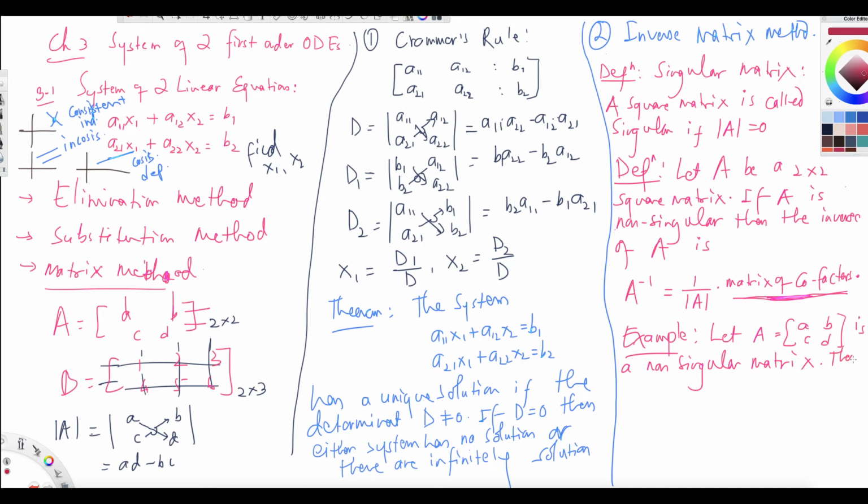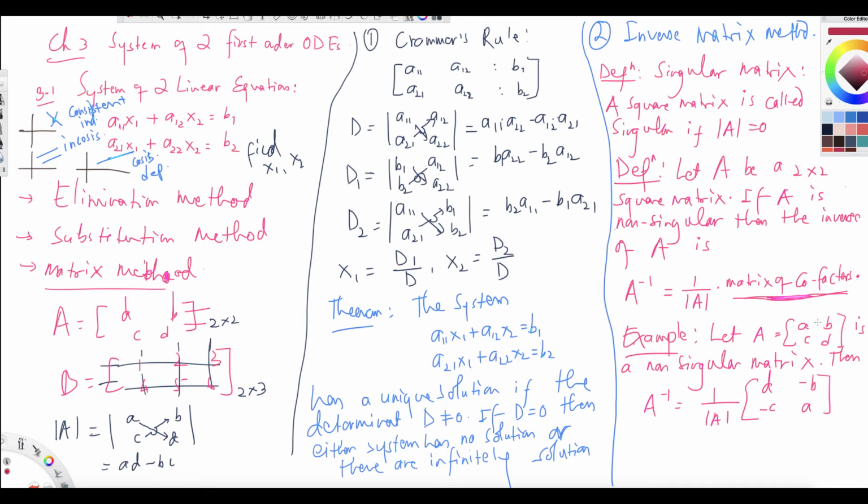Then A inverse will be 1 over the determinant of A times, swap the diagonal elements, so it will be d and then a, and the other diagonal elements you multiply by a negative sign. That means you change the sign of the other diagonal elements. So this is the inverse of matrix A.